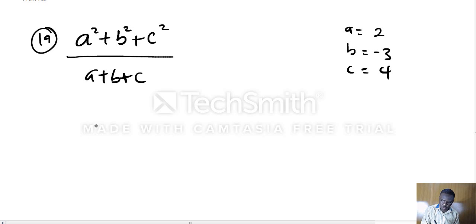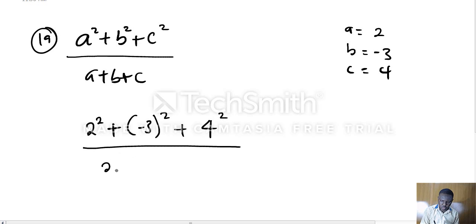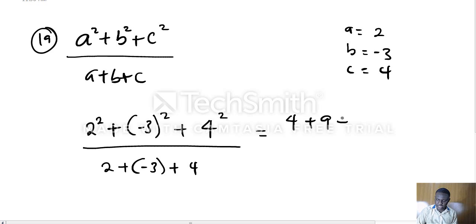So this is equal to a squared is 2 squared plus b squared is minus 3 squared plus 4 squared, all divided by 2 plus minus 3 plus 4, which is equal to 2 squared is 4 plus minus 3 squared is 9 plus 16, 4 squared is 16, divided by 2 minus 3 plus 4.